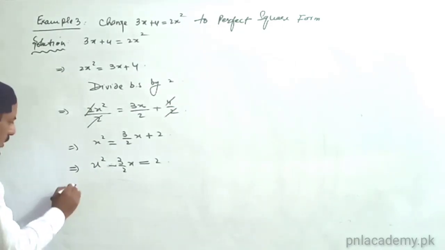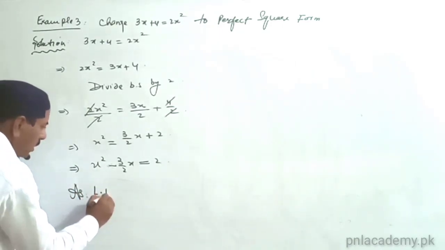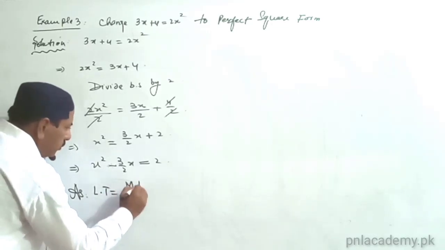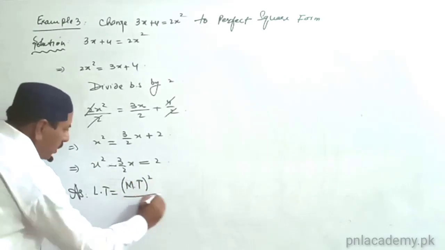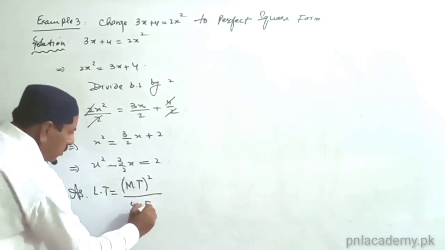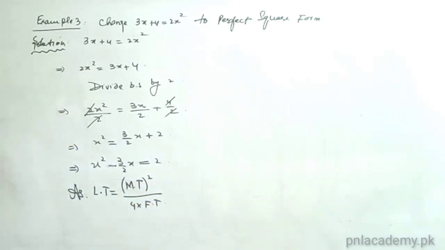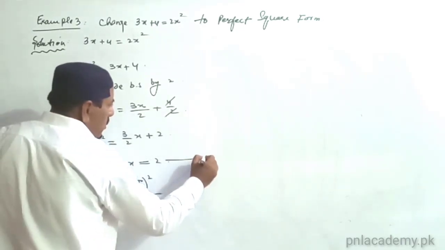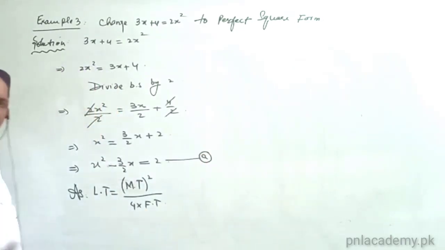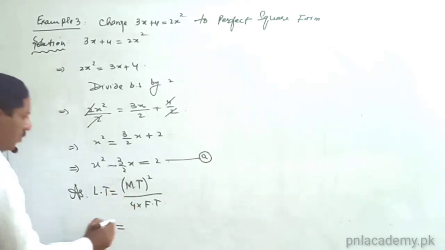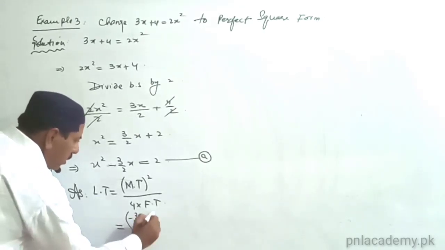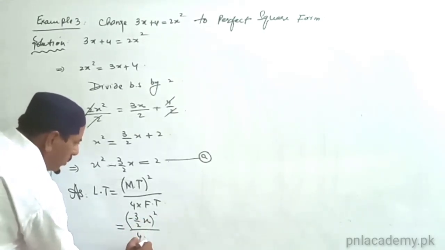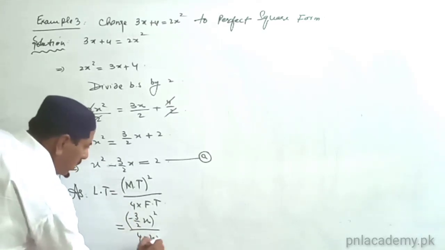So the last term is equal to middle term whole square upon 4 into first term. Suppose this is equation A. So here the middle term is minus 3 upon 2x, whole square, upon 4 into first term, which is also x square.